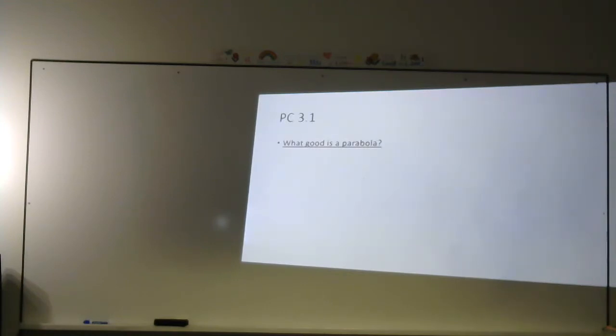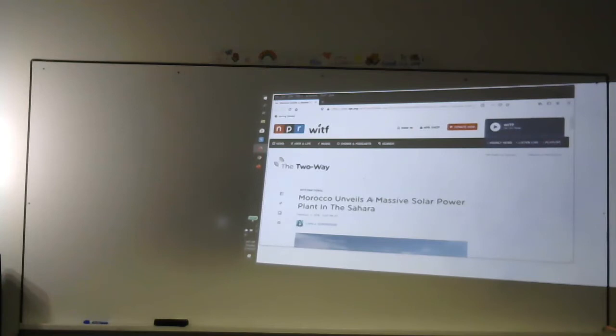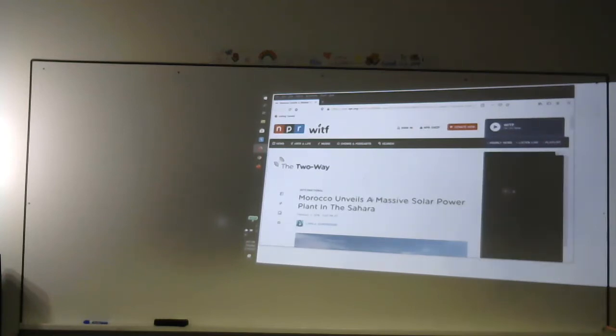So we're going to start by talking about parabolas, and I guess my question today is exactly what good is a parabola? So I wanted to show you folks this. It might be easier for you to see this on the actual PowerPoint rather than on the teaching PowerPoint, but this is a massive solar power plant in the Sahara Desert in Morocco.